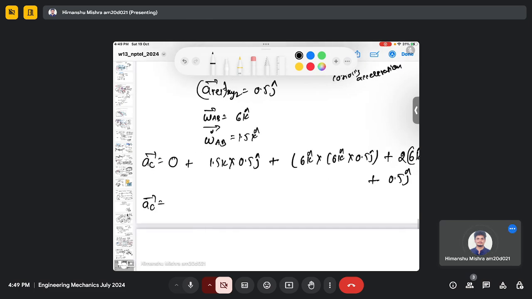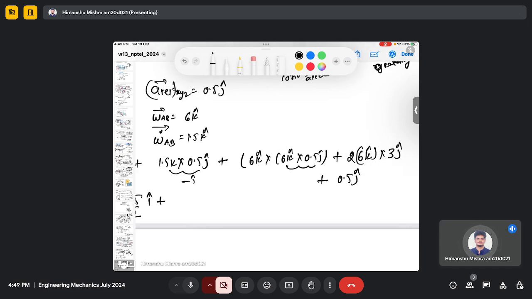So now you have the vector equation, you just need to evaluate it. k with j will give you minus i, and the magnitude is 1.5 by 2. So this term will give you the direction minus i, and the magnitude is 3.